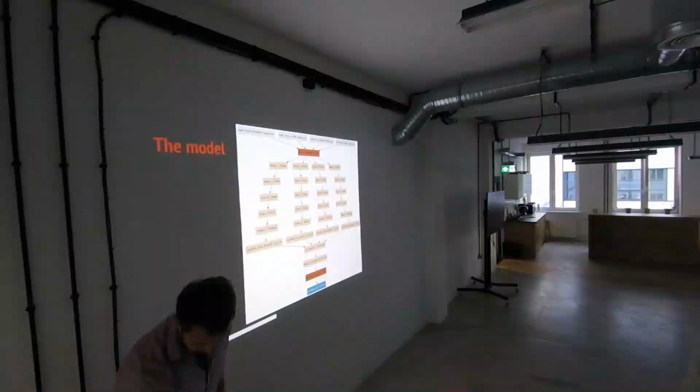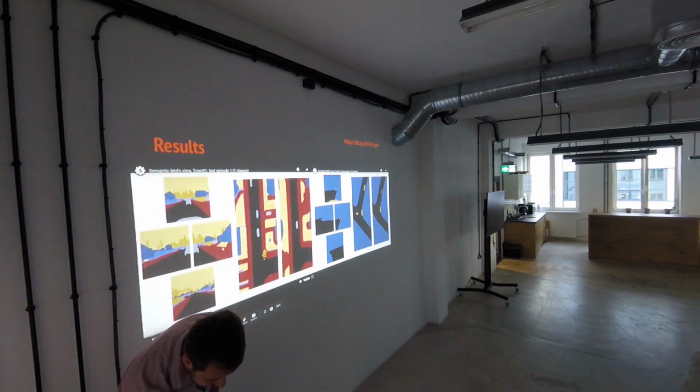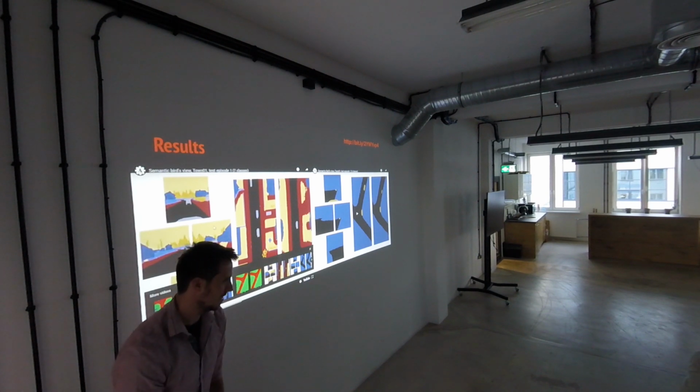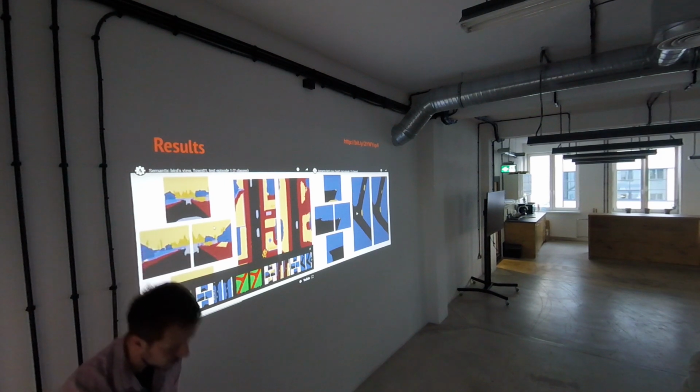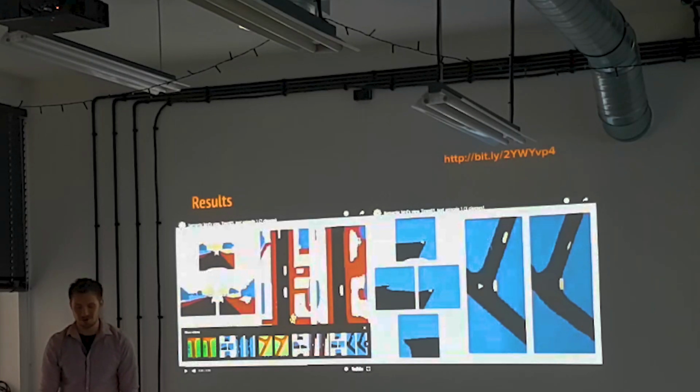Okay, so this is the architecture. Here are the results for 7 classes. Those are road, pavement, vegetation, cars, buildings, and sky. It's actually none, it's not a class. Sometimes we have sky on the ground, so that's a tricky part.